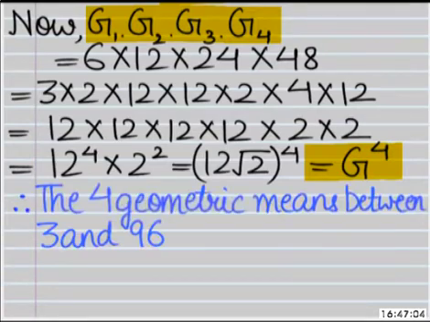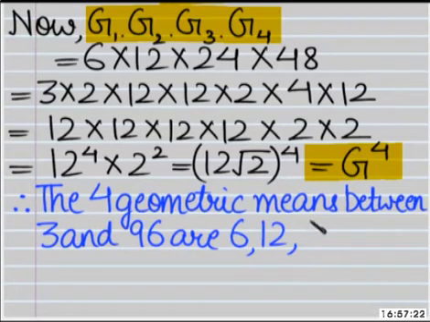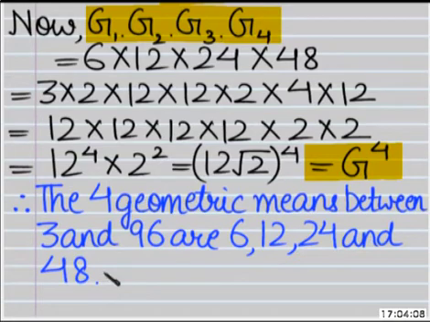Therefore, the four geometric means between 3 and 96 are 6, 12, 24 and 48.